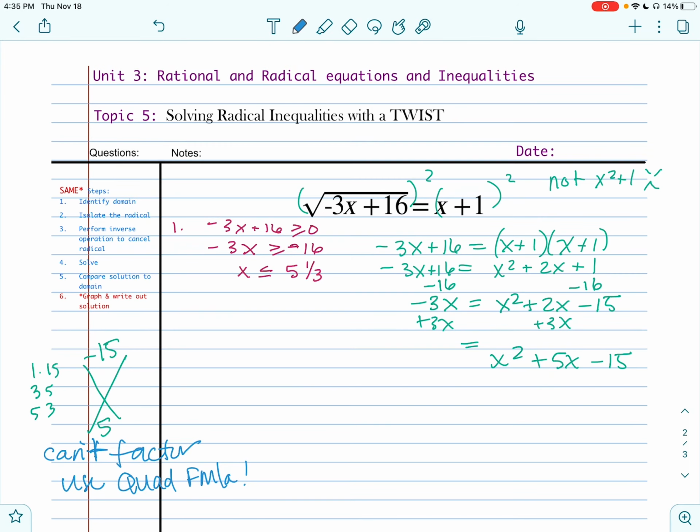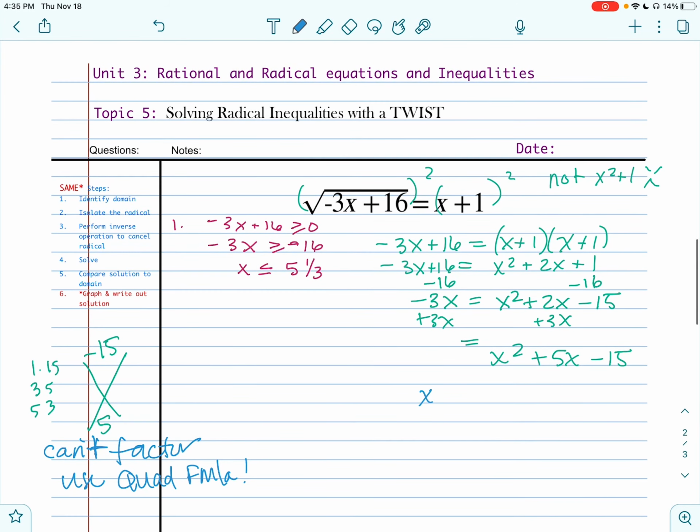All right, so bringing that back, right? X equals negative b plus or minus the square root of b squared minus 4 times a times c, all over 2a. A is 1.